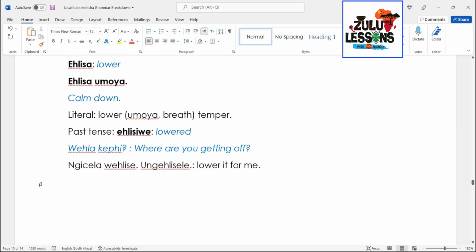It's really the temper, to be honest. So the literal meaning is really saying lower or reduce your breath. In a way, you could say that, kind of funny, but anyway, it's really saying lower your temper, which is calm down. And ehlisiwe, do you hear that?